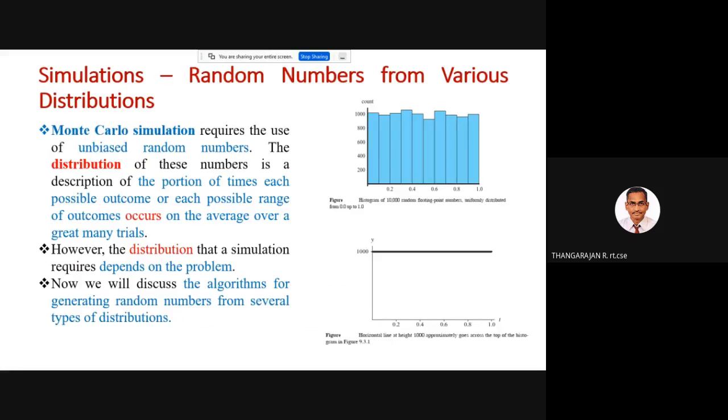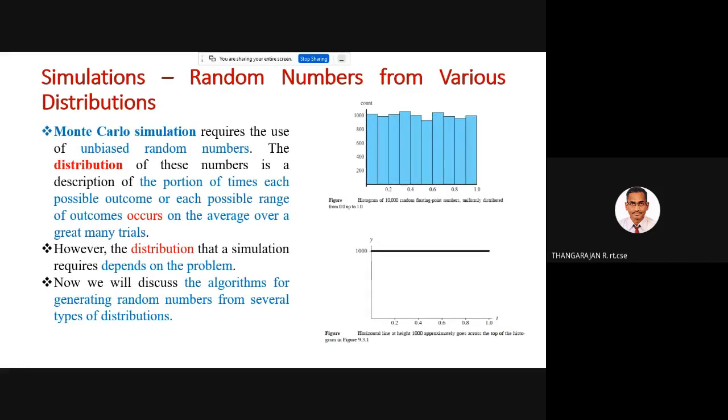Now I will get on to the next topic, simulations using random numbers, and then I will talk about distributions. What we have talked about so far is probability. Probability is the measure of uncertainty.